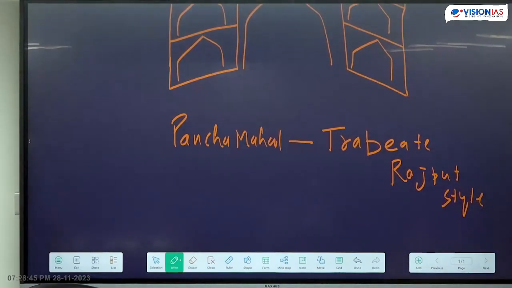Later on we'll see the image also, not today but next class. So mention further, Panch Mahal, which was created with Trabeate Rajput style.